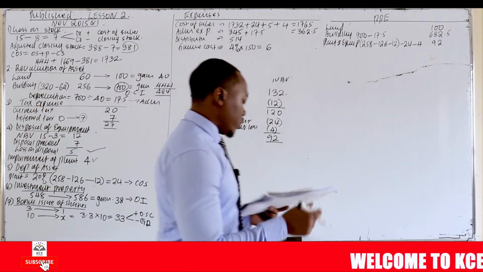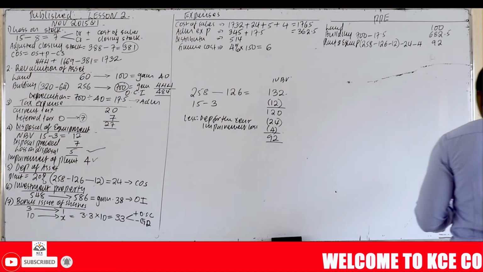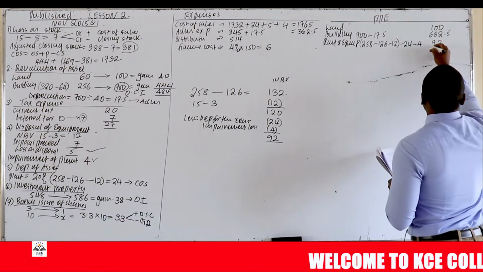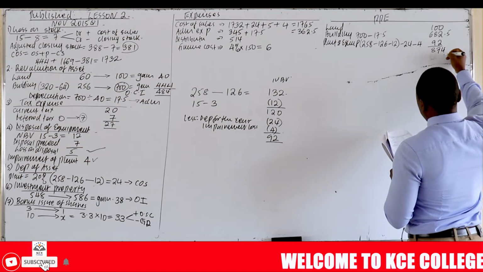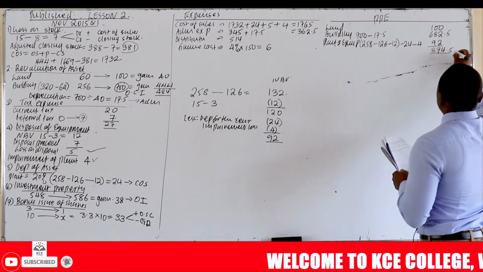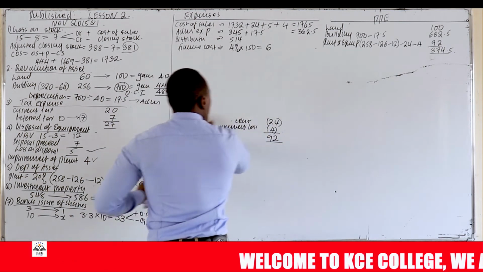So any can do. So therefore, how much will be the value of PPE? So PPE will be an amount of 874.5. Good.